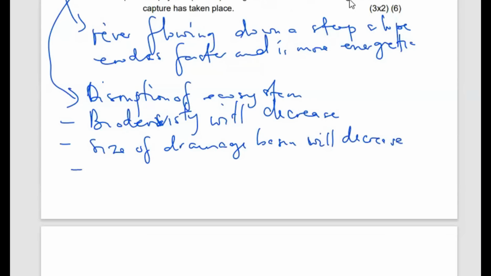And also, there will be increased deposition because of less velocity of the water. There will be increased deposition in the stream, on the banks of the river.